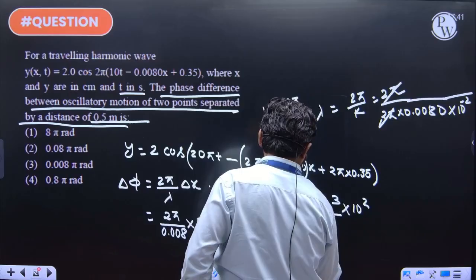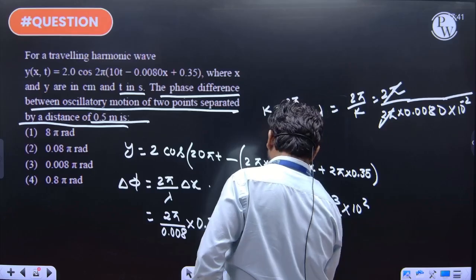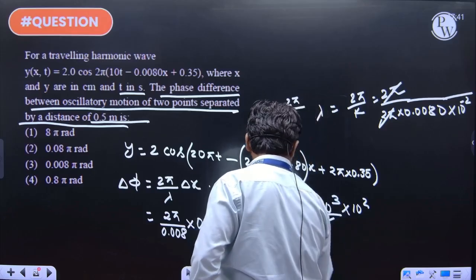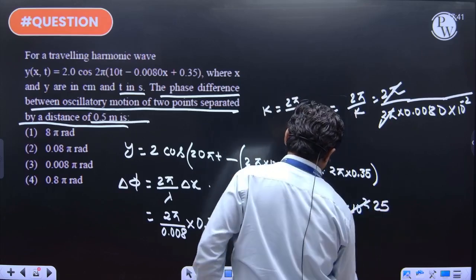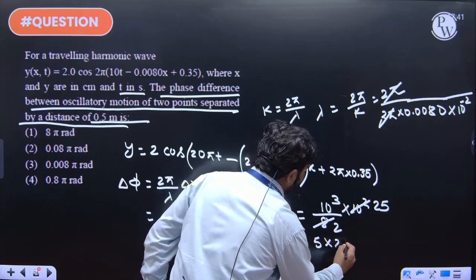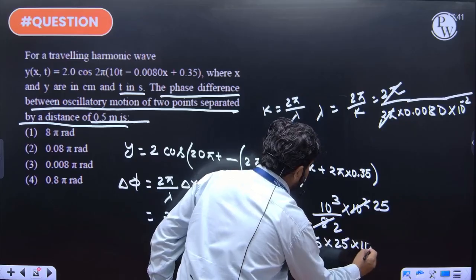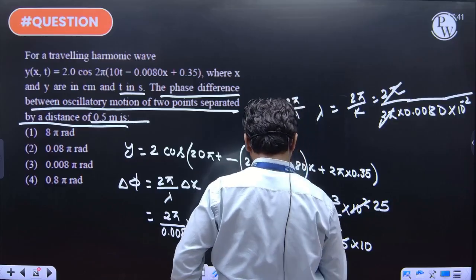Now you can just divide by 100. Where is π? π is also there.